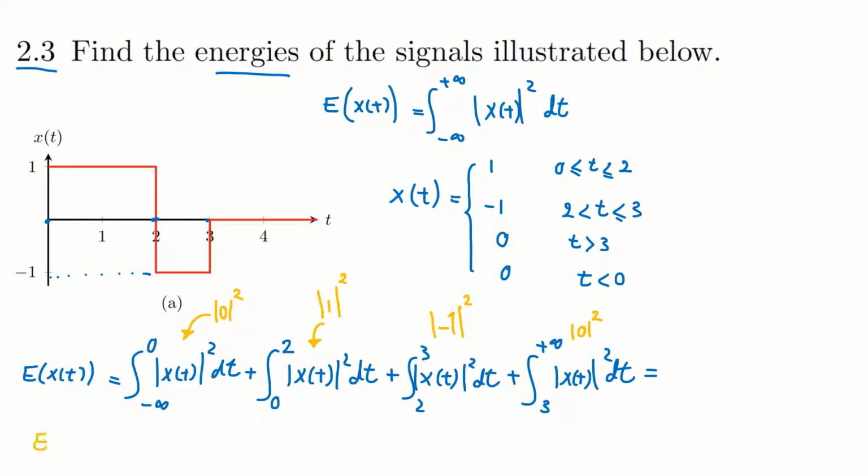Okay, so I can replace this. I can say e of xt equals integration from -infinity to 0 of 0 dt plus integration from 0 to 2 of dt plus integration from 2 to 3 of dt plus integration from 3 to infinity of 0 dt.